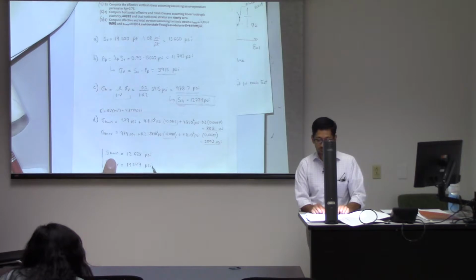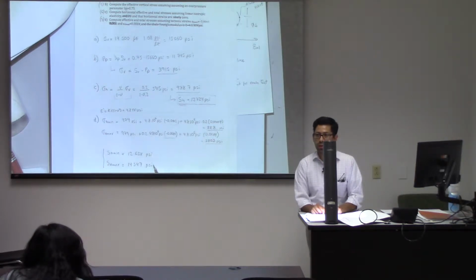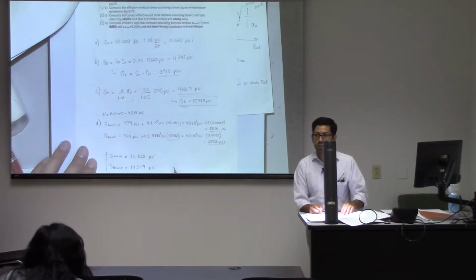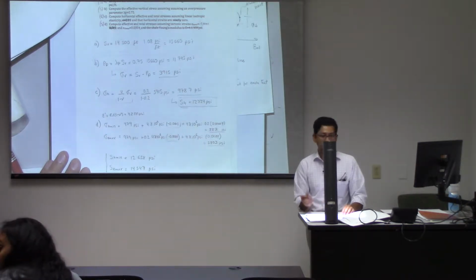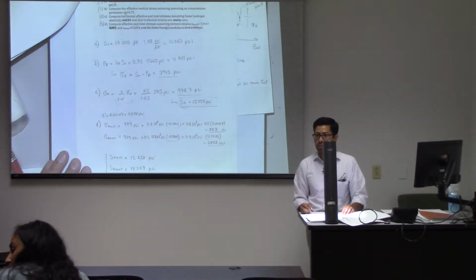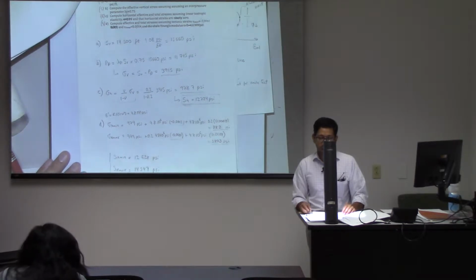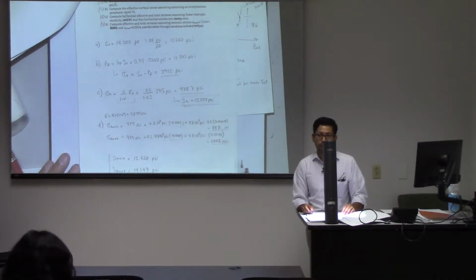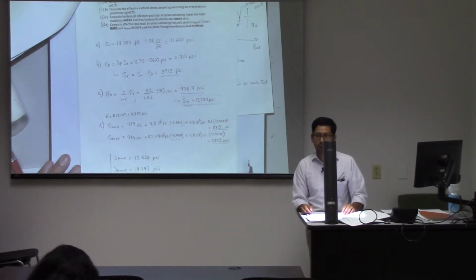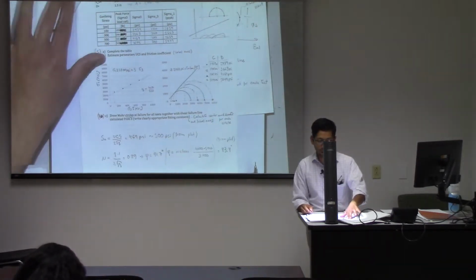You add to that pore pressure, you get horizontal stresses. Yes? So horizontal strains and tectonic strains are the same thing? Yeah, usually tectonic strains are horizontal. Any question about this problem? No? Okay, let's go to the following one.